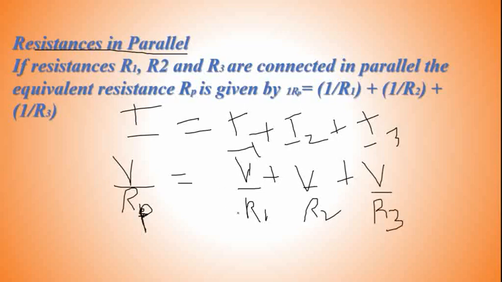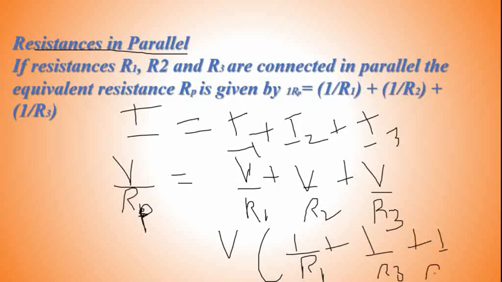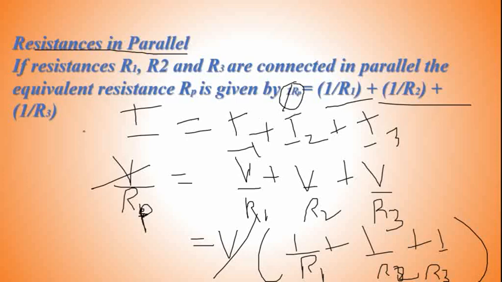Similarly, you can take V as common here: V into 1 by R1 plus 1 by R2 plus 1 by R3. Here you can observe V and V get cancelled. What is remaining is 1 by Rp, that is, 1 by the resistance in parallel is equal to 1 by R1 plus 1 by R2 plus 1 by R3. So we can get this formula.